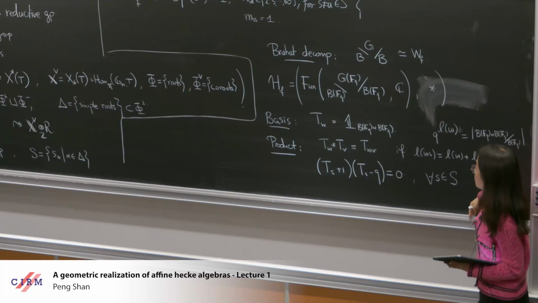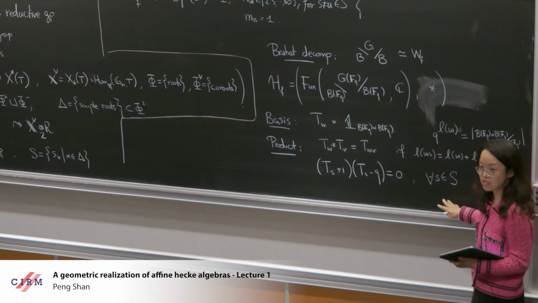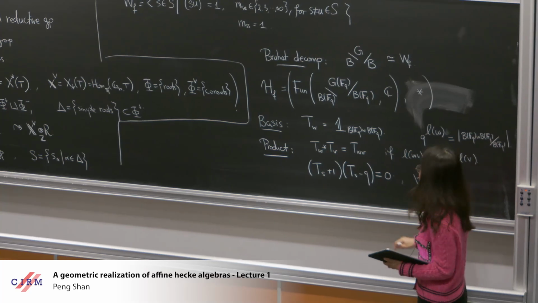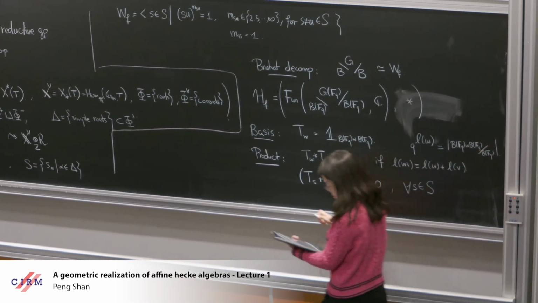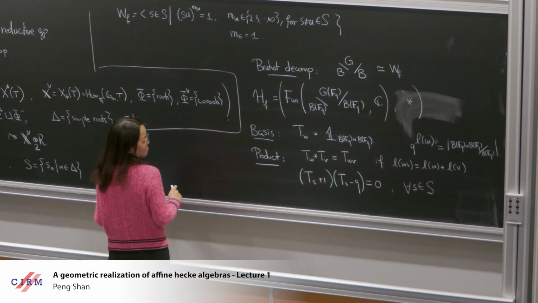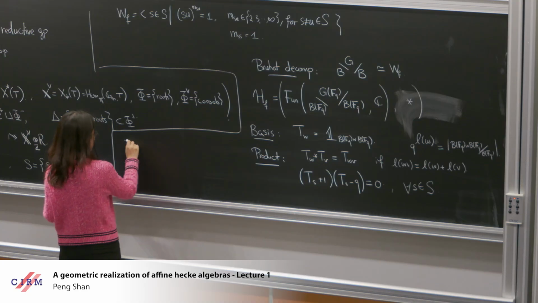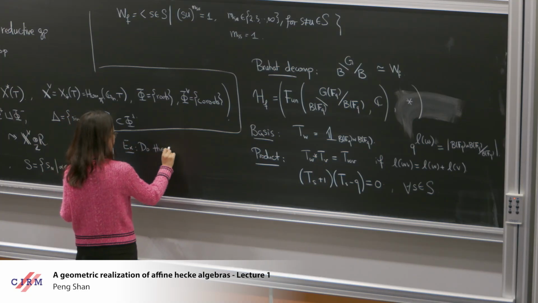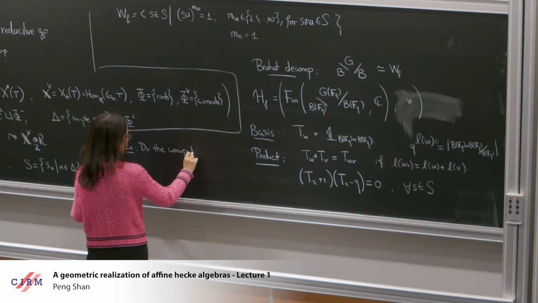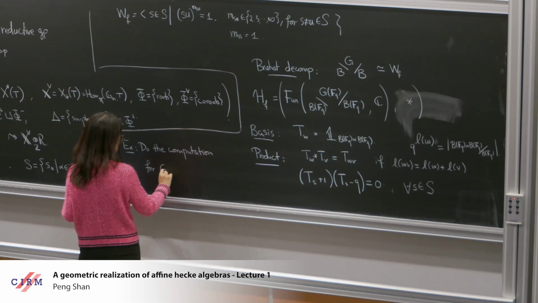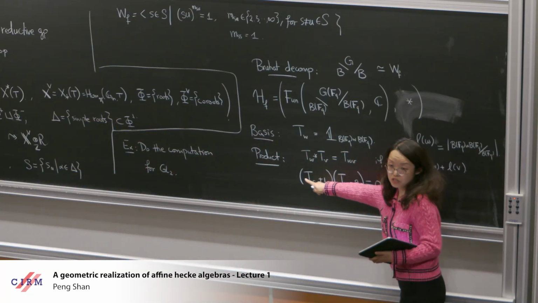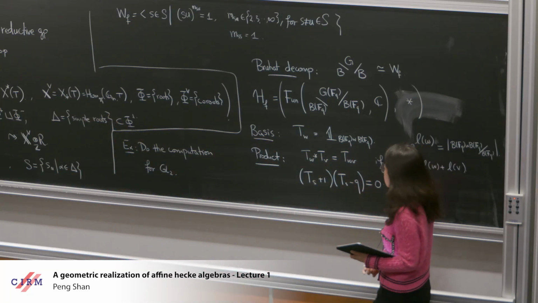So I encourage you to do this computation for the case of G equals SL_2, or GL_2. So exercise, do the computation for GL_2. And then you will understand this relation, which is the most crucial thing in this business.